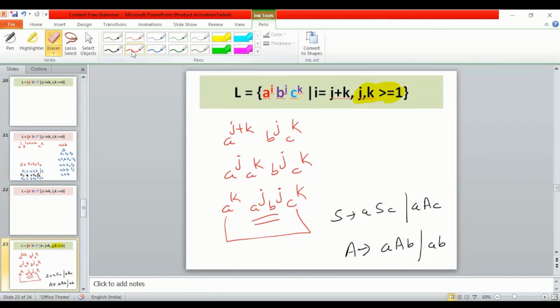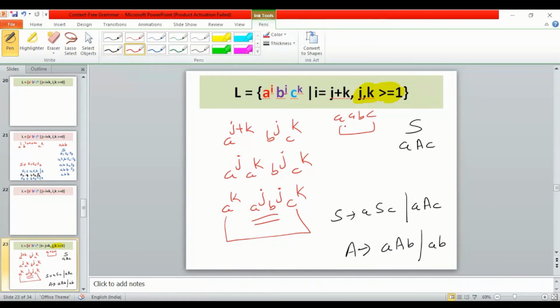So now what is the advantage? Now suppose you want to derive the string AABC. Now you want only one occurrence of A and C. For that purpose, we have to start with S. Because we want one occurrence of A and C, we'll not use the recursive part, and we'll replace S with small a, capital A, C. And now for this capital A, we'll replace with AB.